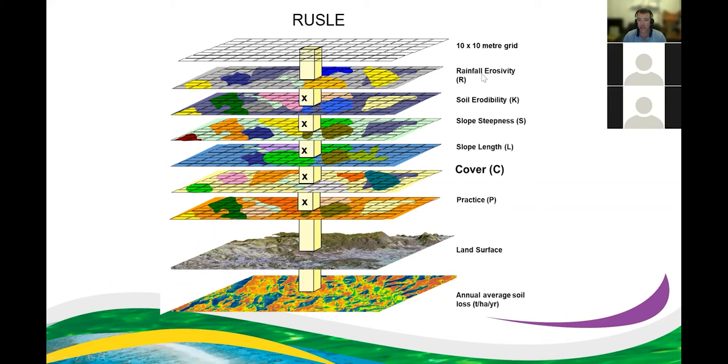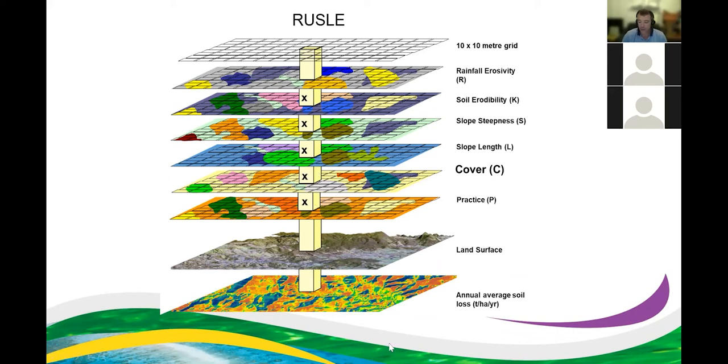So in this equation, we have rainfall erosivity, soil erodibility, slope steepness, slope length, cover, practice. So when we combine all these together, we get a land surface, and then that gives us an annual tons per hectare soil loss load. So this is how the universal soil loss equation works.